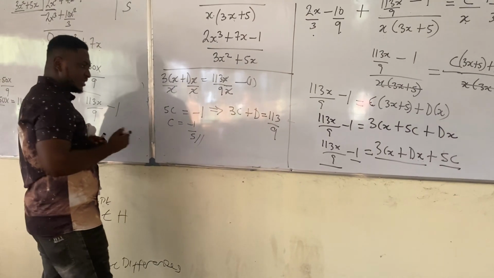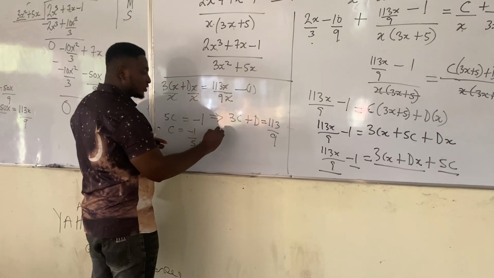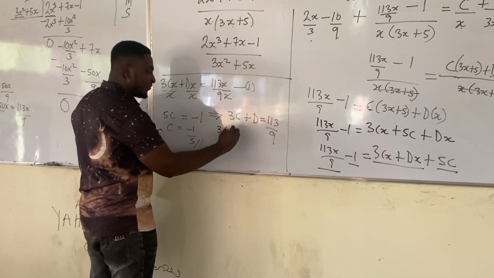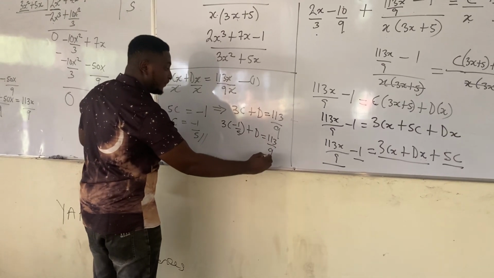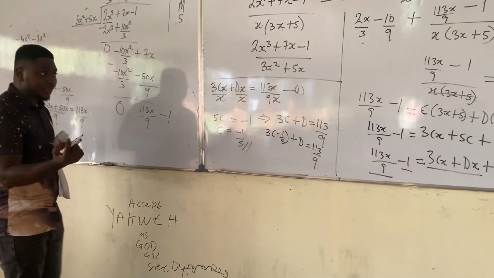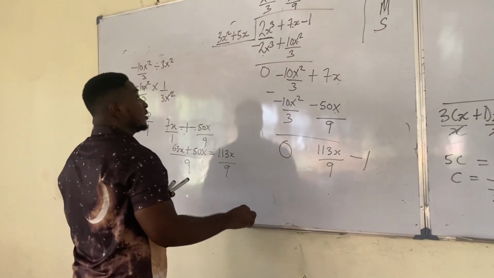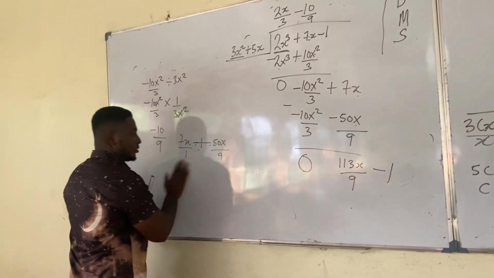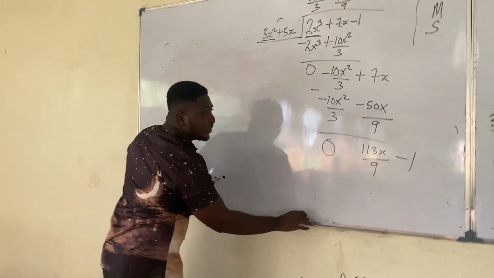Do we know C? C is minus 1 over 5, right? So 3 into bracket minus 1 over 5 plus D equals 113 over 9. So where are we now?